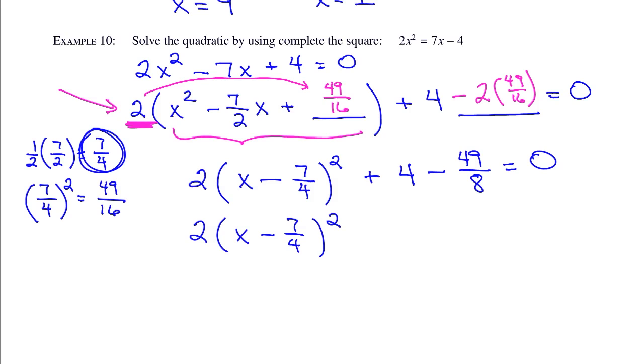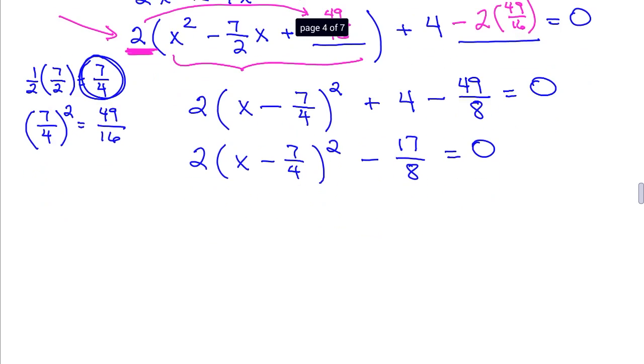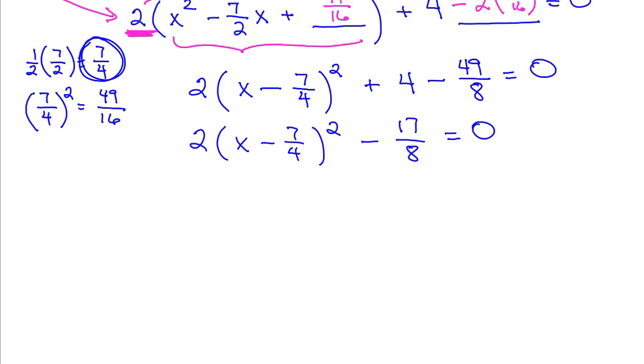And that would be minus 17/8. Next, we need to move the 17 over 8 to the other side. It comes over as a positive.